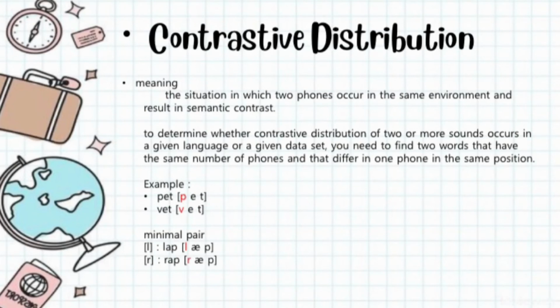For example, l for lap and r for wrap. At first glance, if you listen, lap and wrap sound like the same. However, if examined, lap and wrap have differences, like the first letter and the meaning of the word.